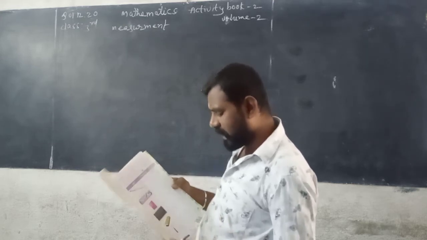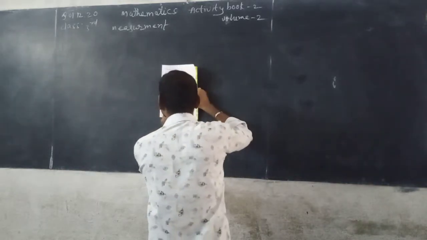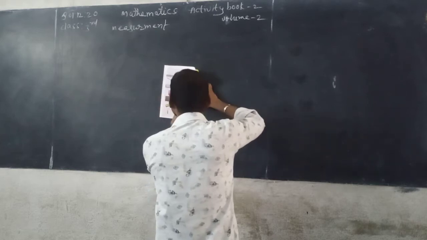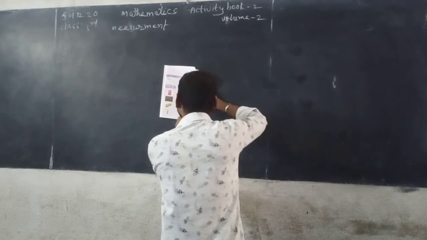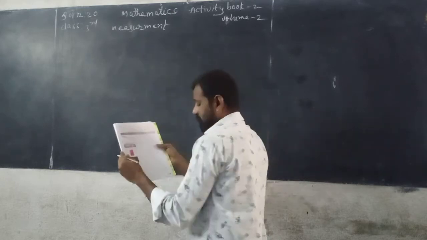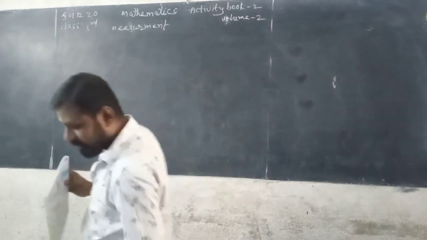Now I estimated this as 10 centimeters. Actual is 3 centimeters. So what is the difference? 7 centimeters. Then you can draw a sad face.